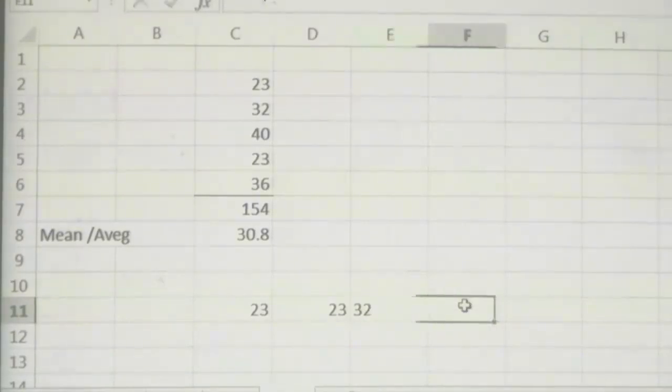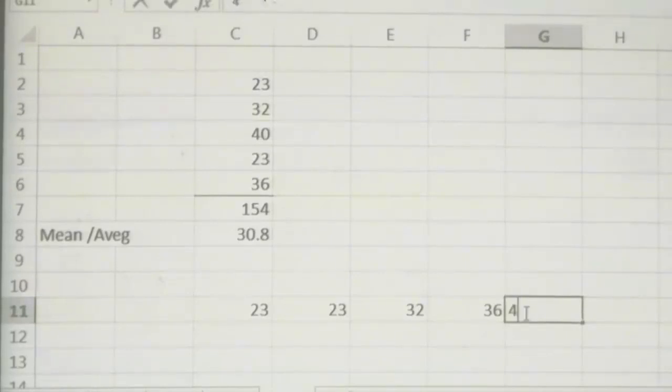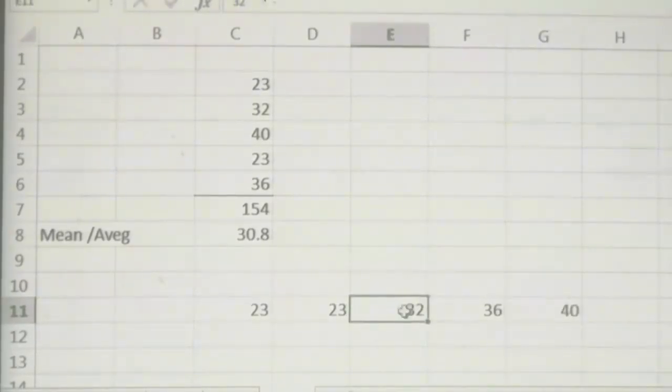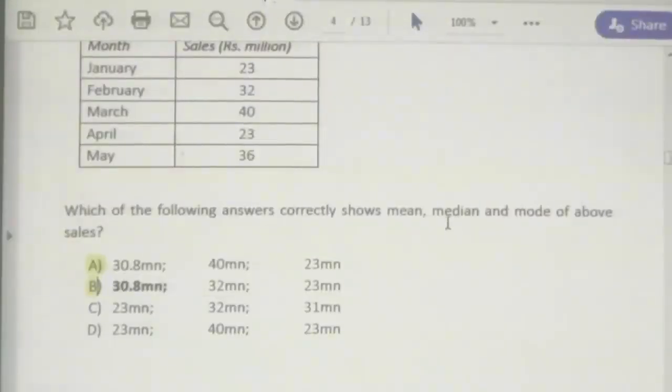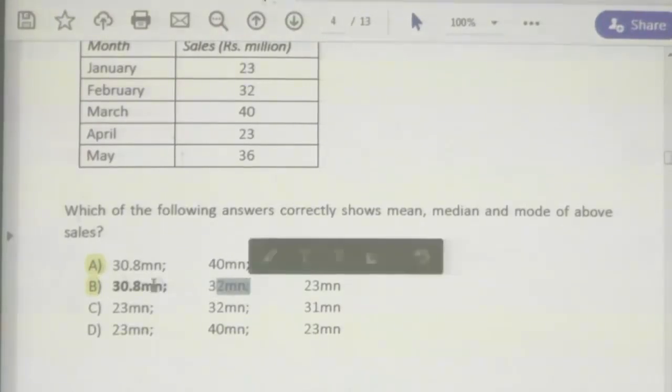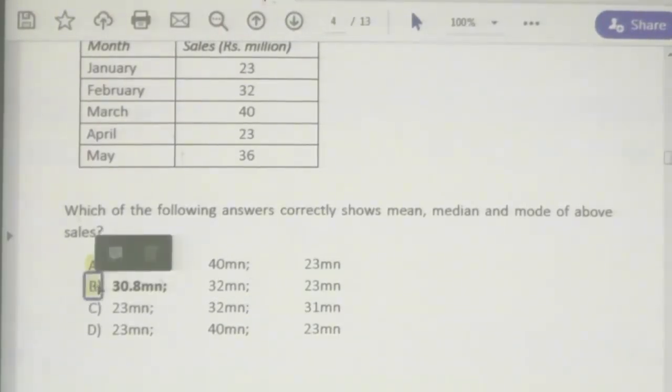Thereafter 36. And finally, the highest number 40. Now, the median is the middle number. This is the middle number, 32. Therefore, you can take the median as 32. Therefore, the answer would be B, not A, right? The answer would be B.